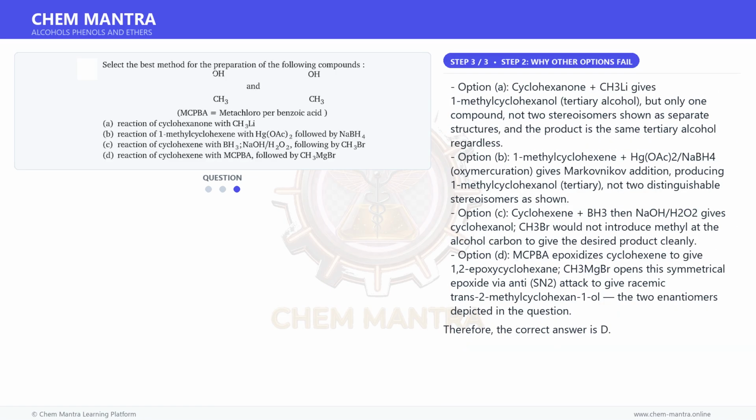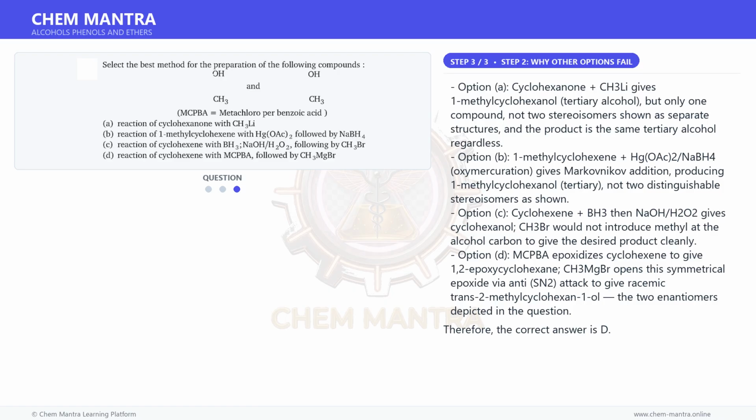And for the other options: option A, cyclohexanone plus CH3Li, gives 1-methylcyclohexanol, a tertiary alcohol, but only one compound, not two stereoisomers shown as separate structures, and the product is the same tertiary alcohol regardless.